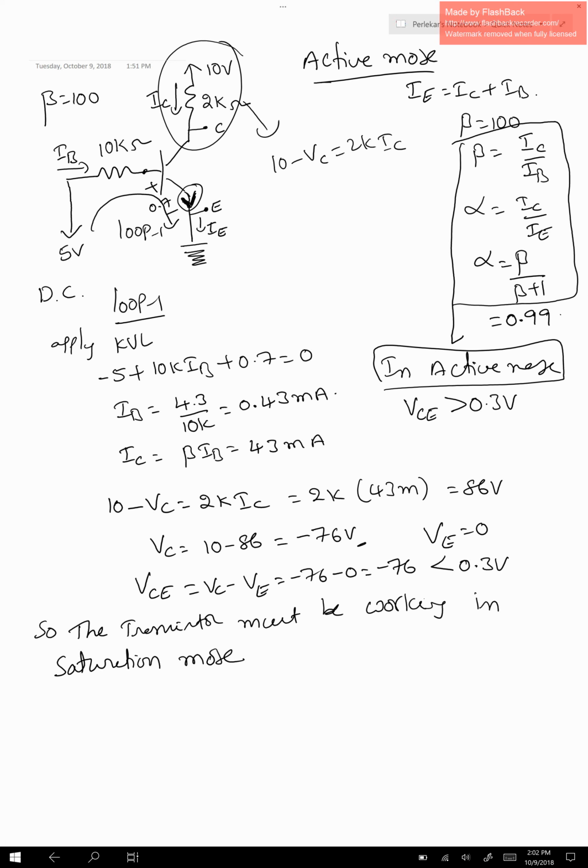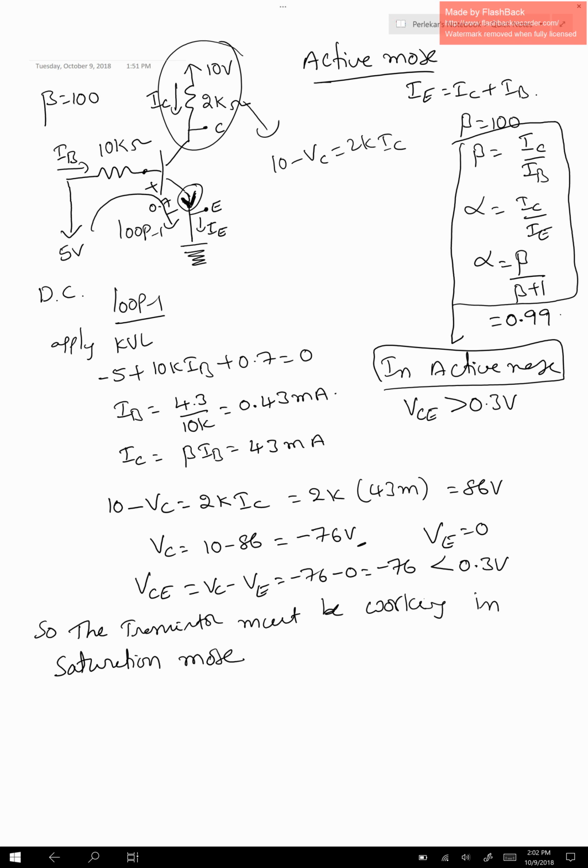If you think about cutoff mode, it's acting like an open switch, so IB, IC, IE must be equal to 0. If that's the case, since there is no IC, we will end up with VC equal to 10 volts, VE equal to 0. So it must not be working in cutoff mode of operation, and we already checked it's not working in active mode of operation. So the remaining one is saturation mode of operation.